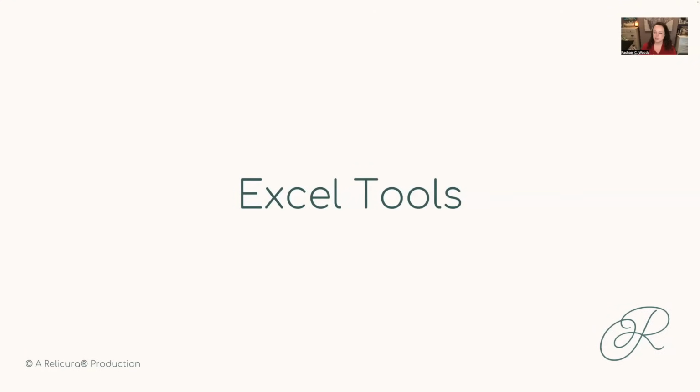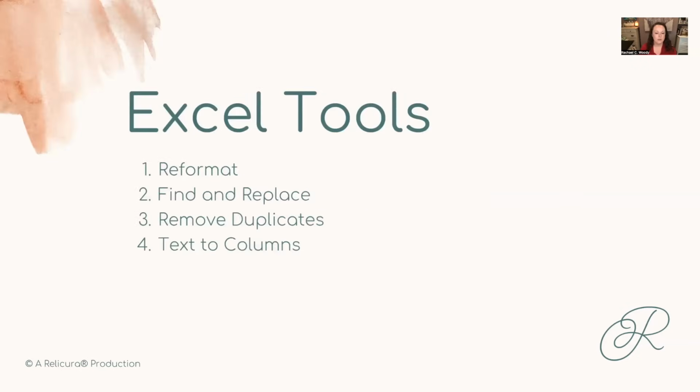Okay, we've talked about some of the options for viewing your data in Excel. We're now going to take a look at Excel tools, and the top ones that I use quite a bit. We're going to take a look at how to reformat data, which can be very handy for multiple parts of our data. We'll take a look at the find and replace feature, which can be very powerful with benefits and risks.